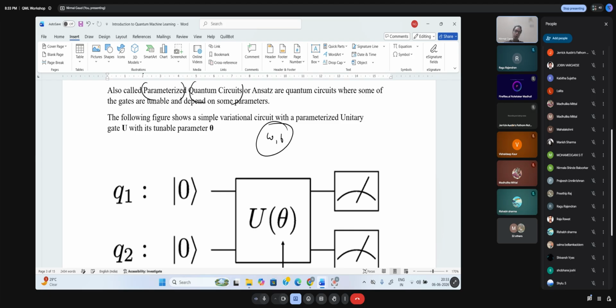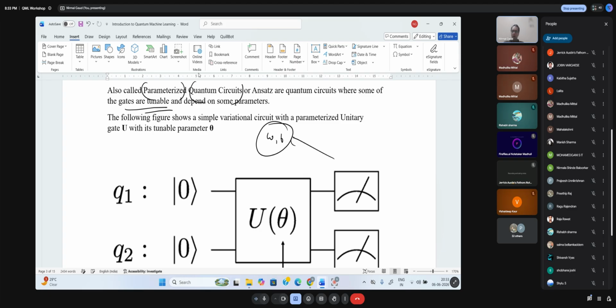So if you want to create quantum machine learning or any algorithm, we should have a parameterized quantum circuit where some of the gates are tunable. Obviously, we tune weight and bias in machine learning. Here also we have quantum parameters, and we need to tune them. Tuning a parameter means learning.